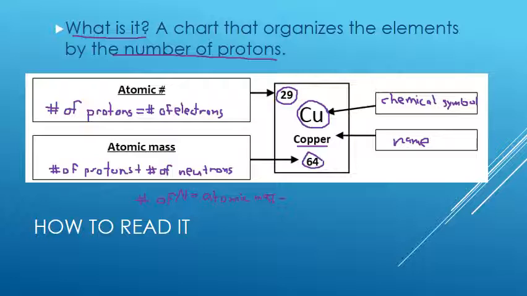So if you do that, you'll be left with the number of neutrons. So with just those two numbers, you can find out how many protons, how many neutrons, and how many electrons are in an atom of any element using your periodic table.